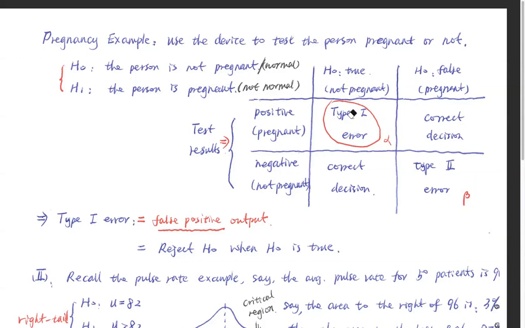Type 1 error is a false positive. Type 2 error is a false negative. If that helps you understand type 1 error and type 2 error better, everybody. So that's this concept. Now, let's continue.